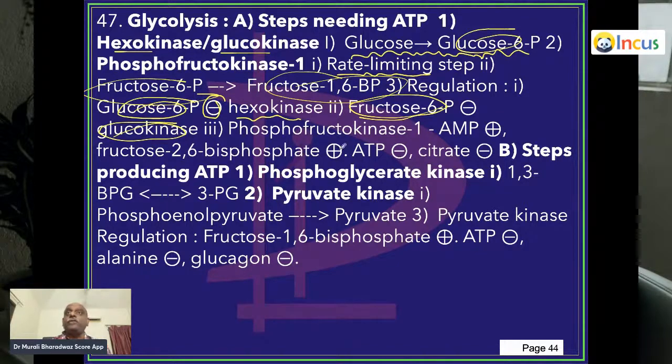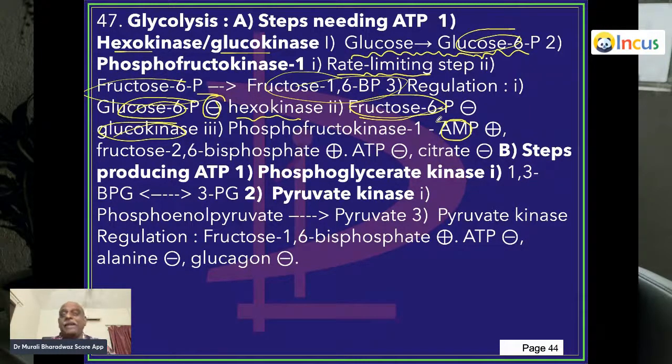Then phosphofructokinase is what happens. If there is AMP, it means you don't have money, you are a beggar, you want money. How will that come? Glycolysis should run. Glucose should be broken down. That's the reason high AMP means you have a lot of debts. That stimulates the phosphofructokinase to run the glycolysis forward.